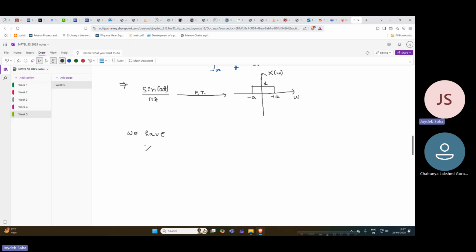The basic definition is X(omega) is equal to the integral from minus infinity to plus infinity of x(t) e to the power minus j omega t dt.